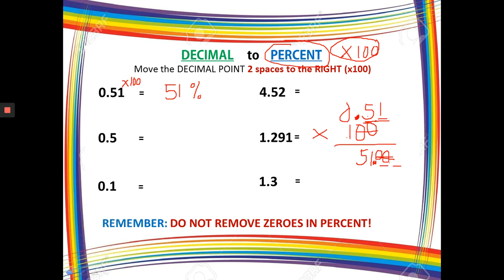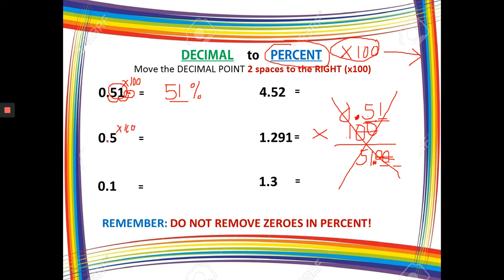Just like in converting percent to decimal, we don't have to do this, because it takes time. All we have to do is move the decimal point the other way, this time to the right. Now move back to find the percentage. You see the decimal point is on the right side, so it can be hidden. So it's 51%.